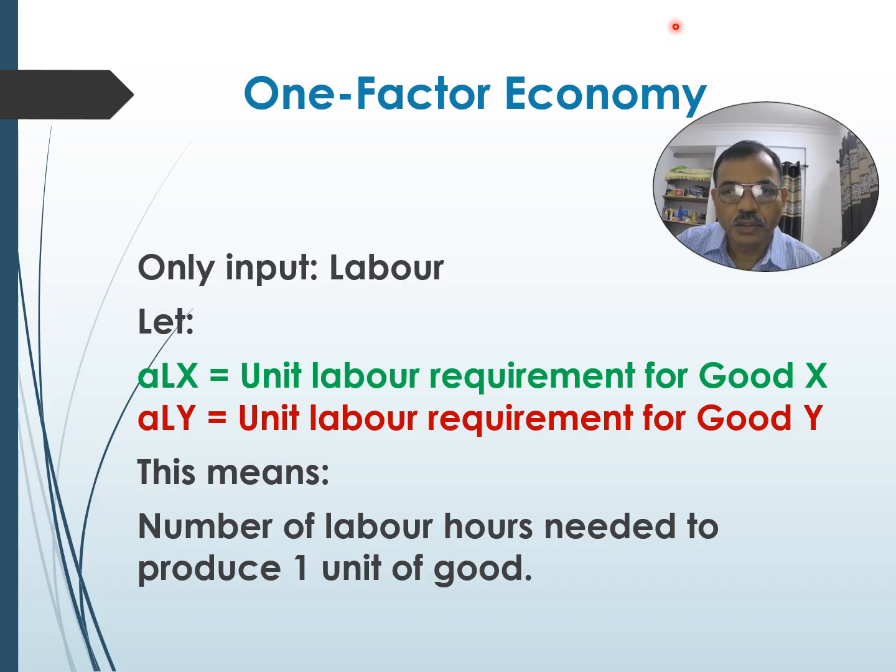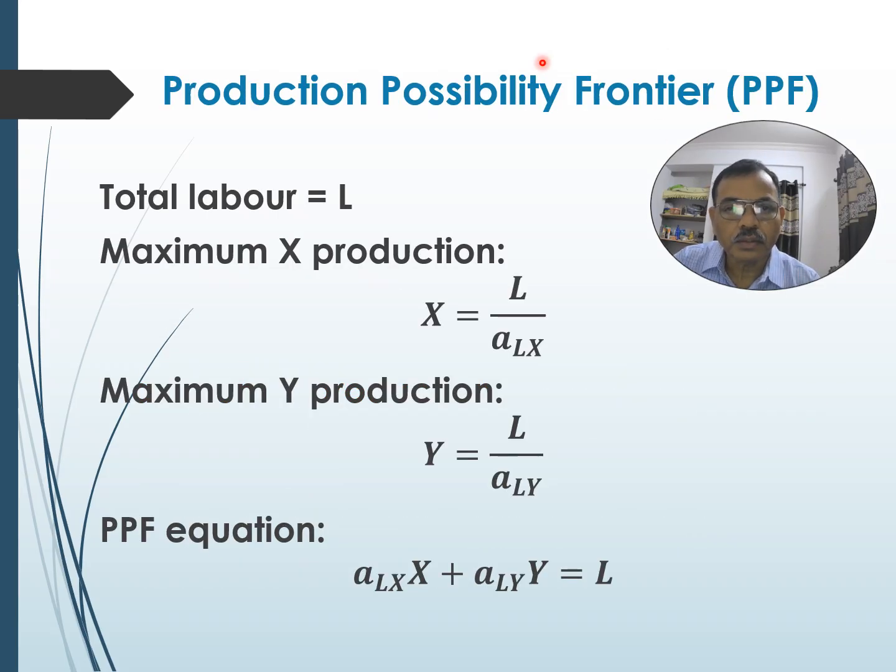Using this, we can now derive the production possibility frontier. Suppose total labor available in the country is L. If all labor is devoted to producing X, maximum X equals L divided by ALX.